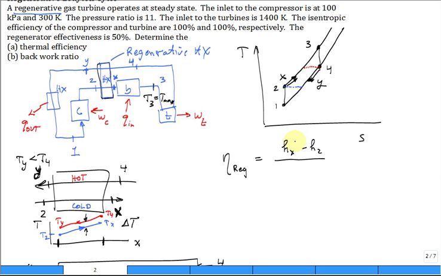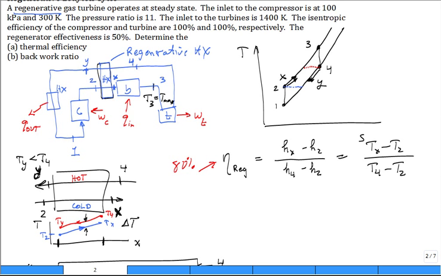That's how much increase in the enthalpy of the cold fluid, compared to the maximum increase, where it could go as high as H4 on the exit. If you had constant specific heats, it would be TX minus T2 divided by T4 minus T2. And often this is specified. Maybe it said it's 80% is the regenerative heat exchanger effectiveness. All right, so there you go.